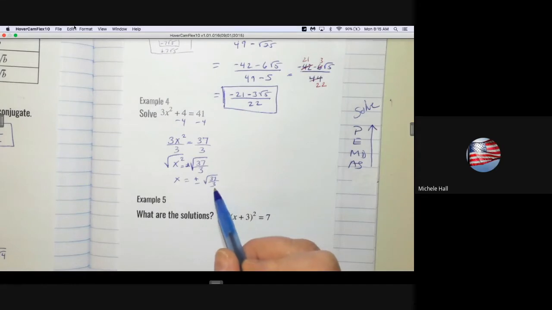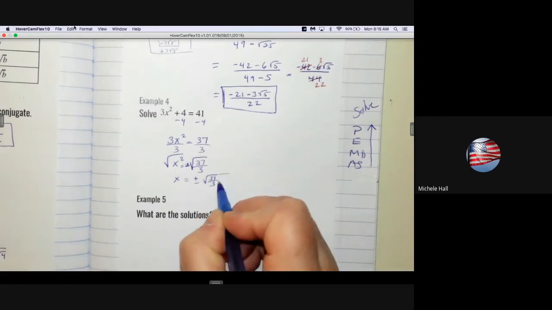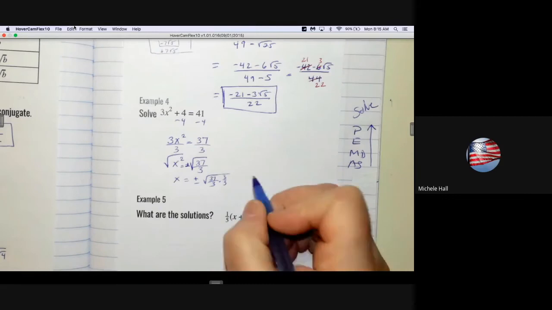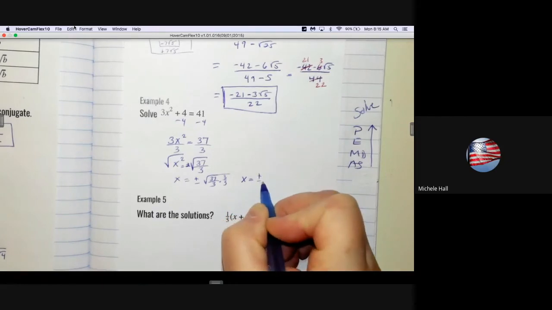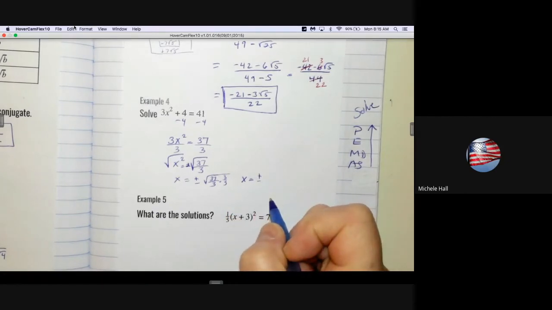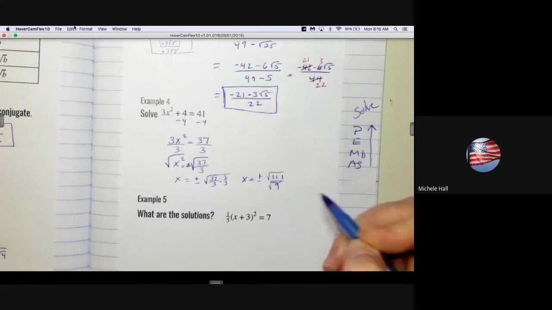I need to make sure that I'm not leaving a denominator here. This would be the square root of 37 divided by the square root of 3. What can I do to get this to be a perfect square? Well, I could multiply by 3 over 3. That gives me 9. So we have x equals plus or minus, let's see, 37 times 3.